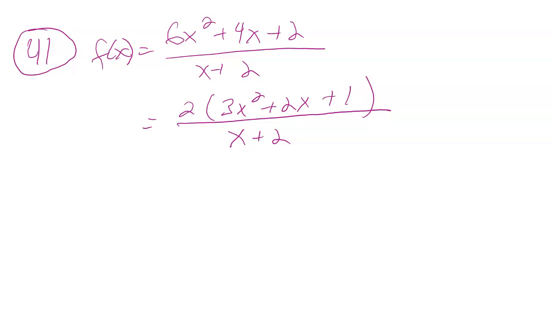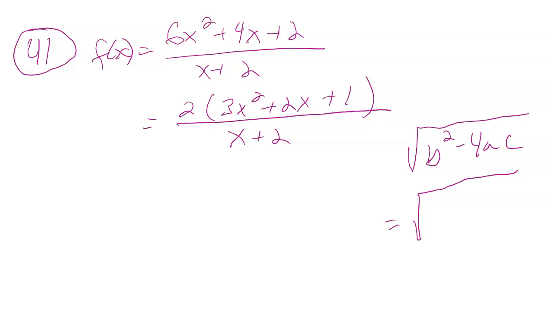And then when you do the discriminant, the thing inside the square root, the whole b squared minus 4ac, this will turn into the square root of 4 minus 4 times 3 times 1. So this is the square root of negative 12. Oops, I messed up.